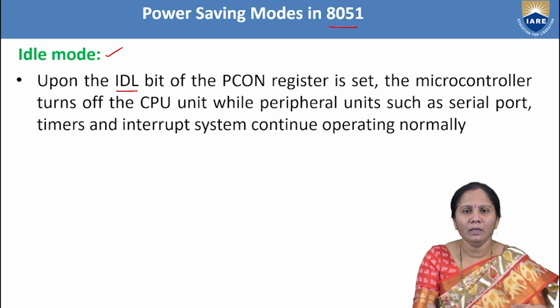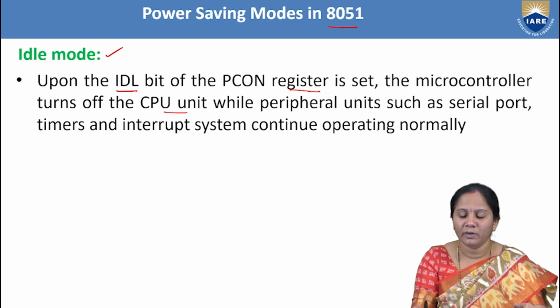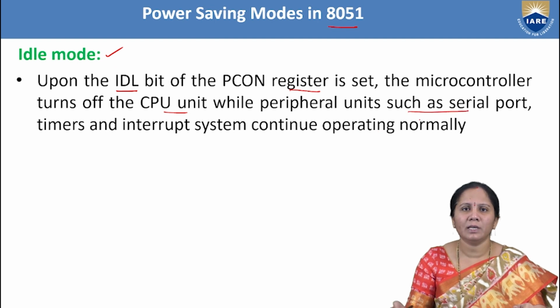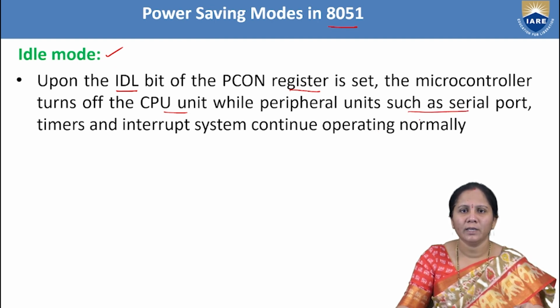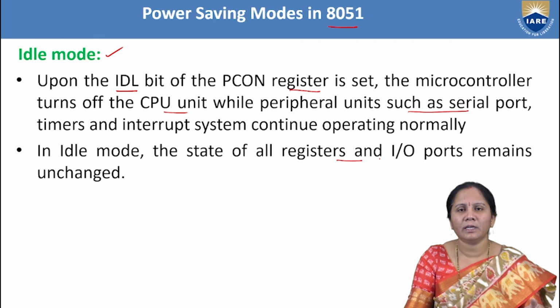When this idle bit in the PCON register is set, the microcontroller is going to turn off the CPU, whereas the remaining peripherals like the serial port, timers, and interrupts will be operating in the normal way. So in the idle mode, all the registers and IO ports remain unchanged.